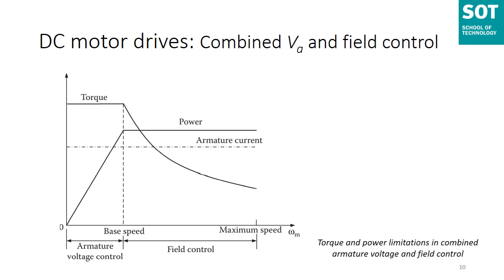We use this in EV and HEV, hybrid electric vehicle applications, because the most desirable speed torque characteristic is to have a constant torque below a certain speed, which we recognize as base speed, and a constant power in a speed range above the base speed, as is shown in the figure.